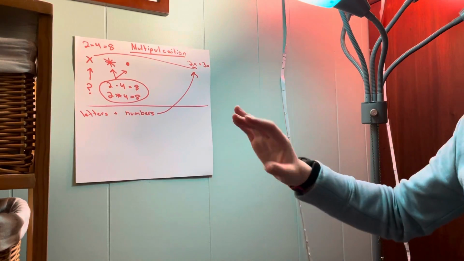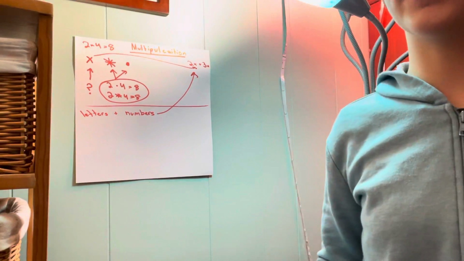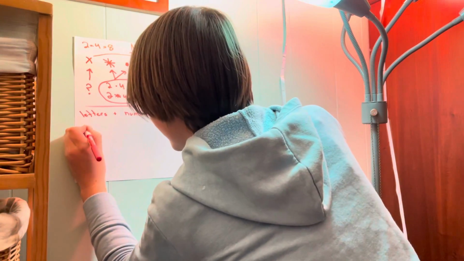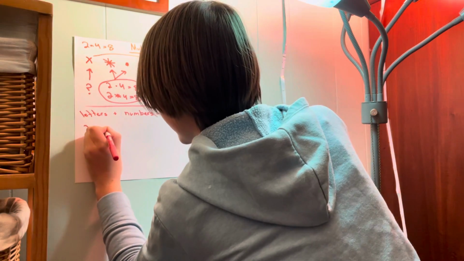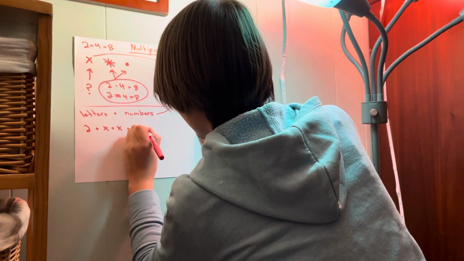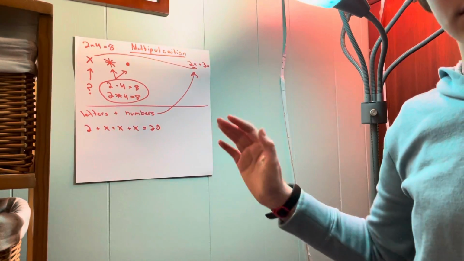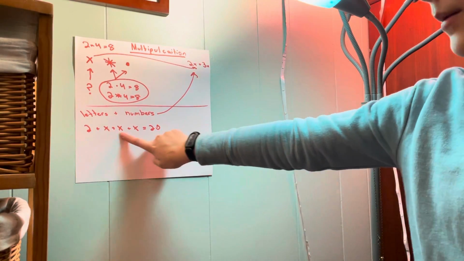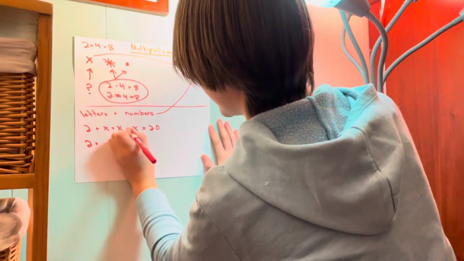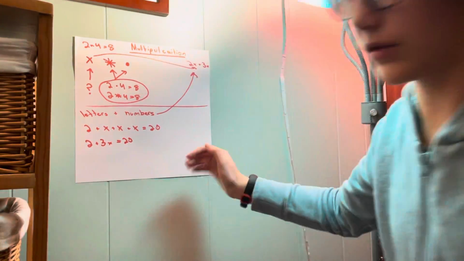Because, okay, let's do a math problem. It would be 2 plus x plus x plus x equals, we'll do 20. So now what we have to do is combine these, so then it would be 2 plus 3x equals 20, which still makes no sense.